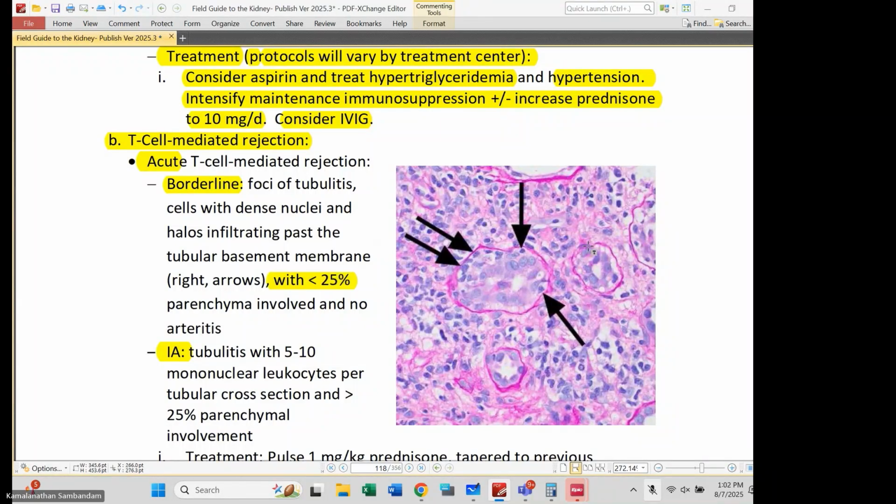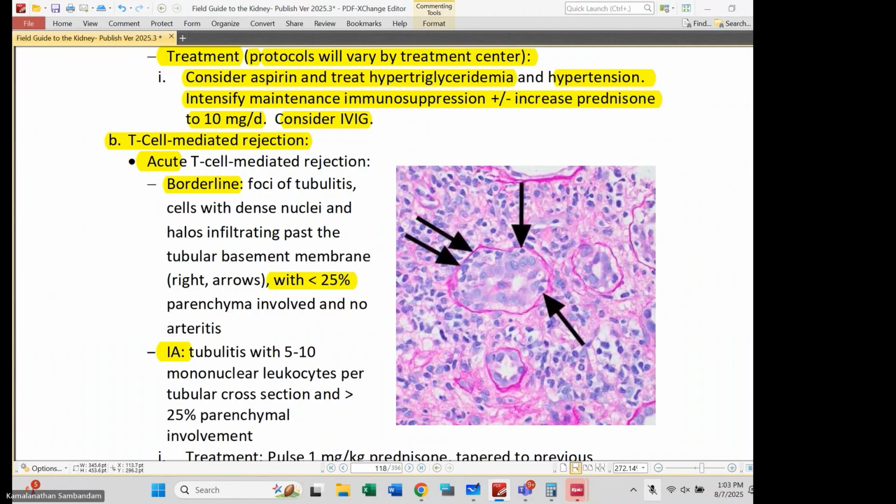You score based on a cross-sectional tubule. If I have a tubule that I sectioned lengthwise, as you can imagine, you'll have a lot of surface area to start counting lymphocytes, which is unfairly biasing this score.